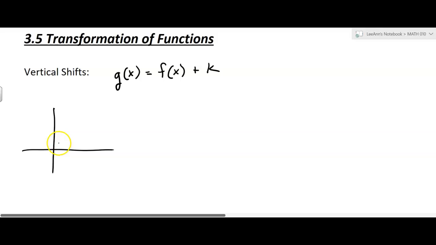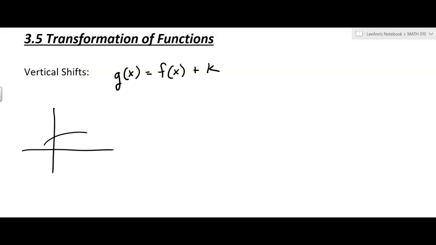All right. So in a vertical transformation, what happens is you have a new function, call it g of x, and it's equal to some function plus k. So let's say you have a function that looks like that. I don't know, just pretend that that's the function.